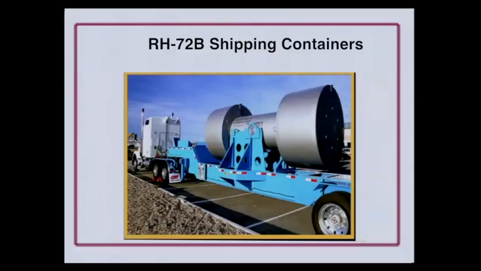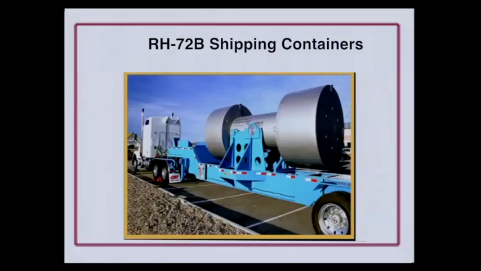This is a single shipping container. These big bells down here on this dumbbell, these are transportation overpacks. The actual container is right here. And the TRU waste in whatever form, whether it's drums or boxes, is placed within that. It's sealed, and then these overpacks are put on the shipping container itself.